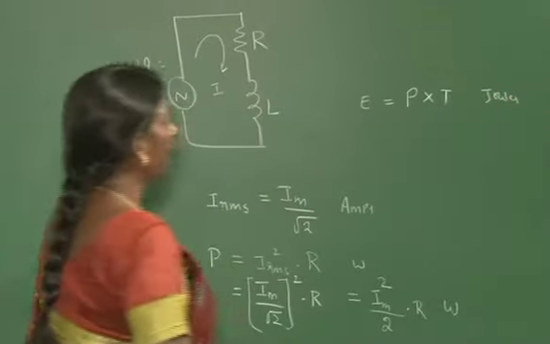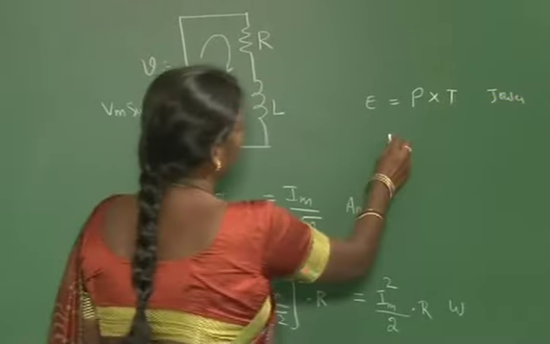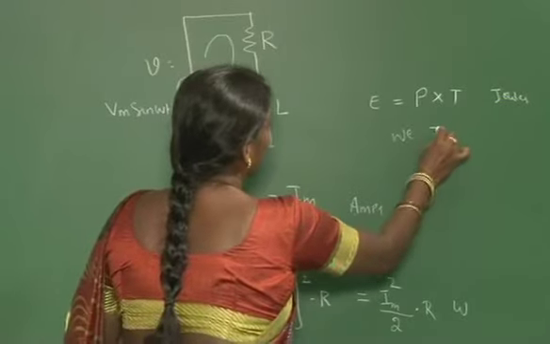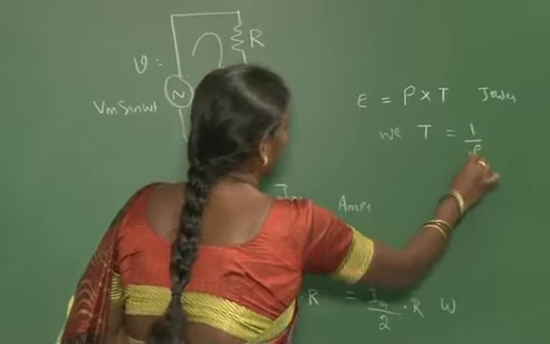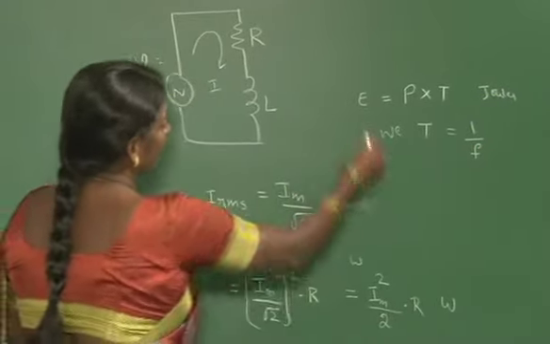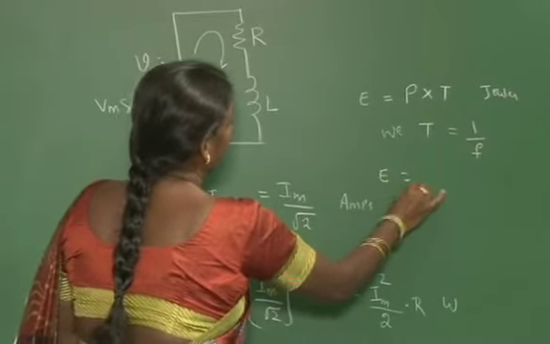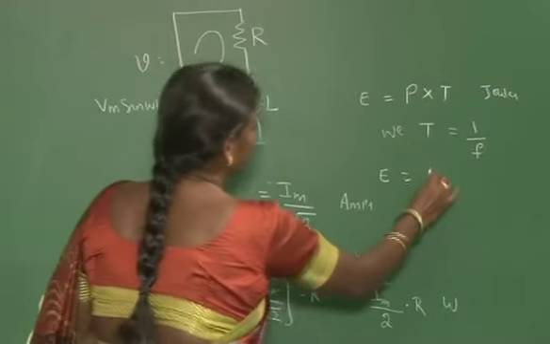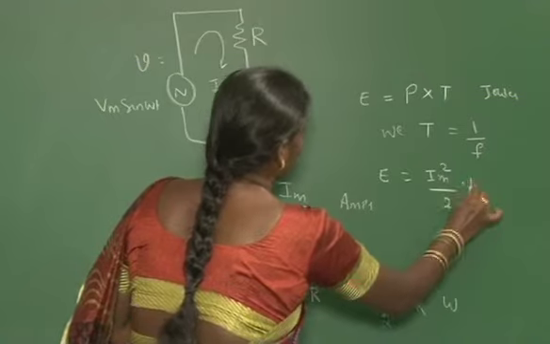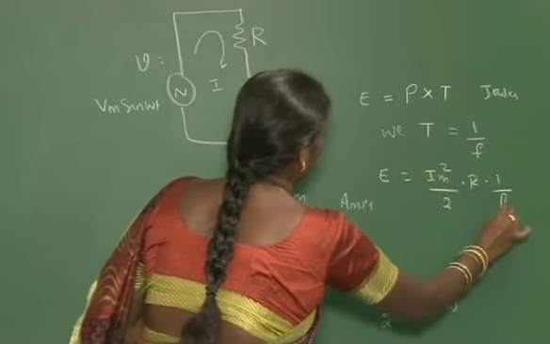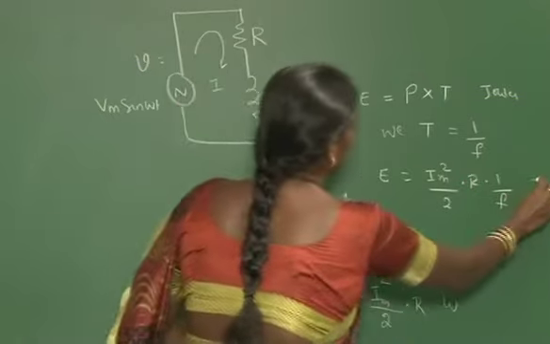Now per cycle, T is the time period of one cycle, which can be taken as 1 by F. So I can substitute in the equation for energy, which is nothing but Im square by 2 into R into 1 by F.